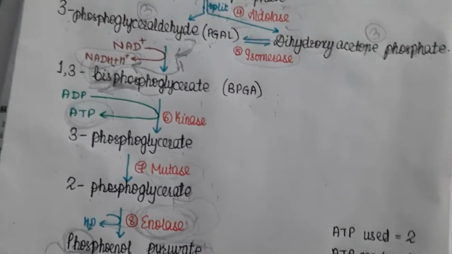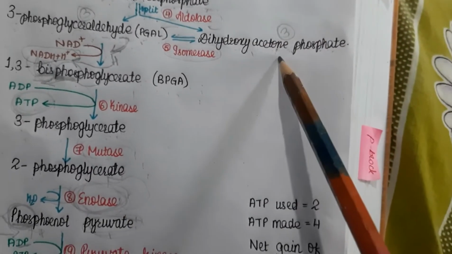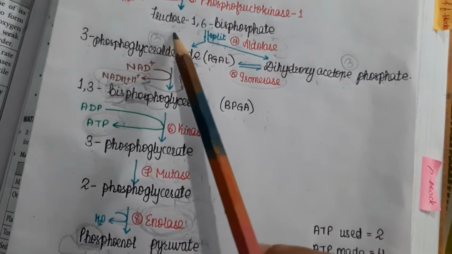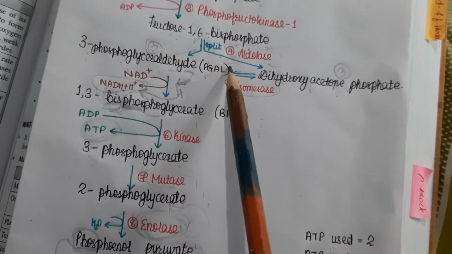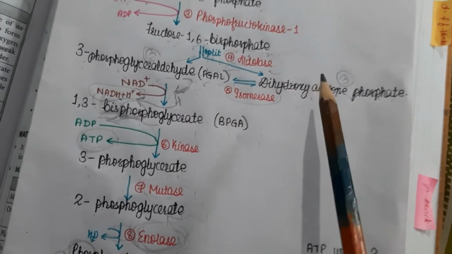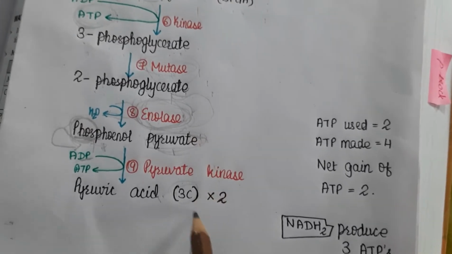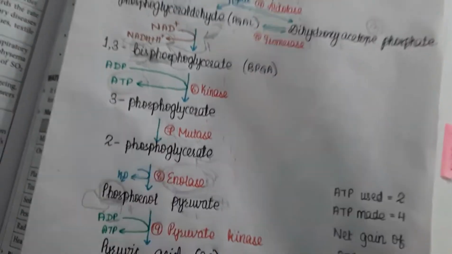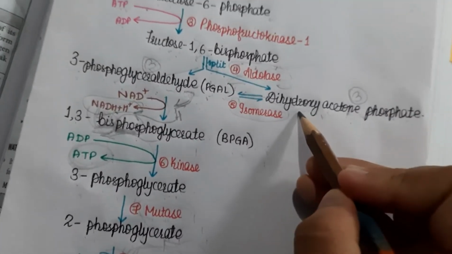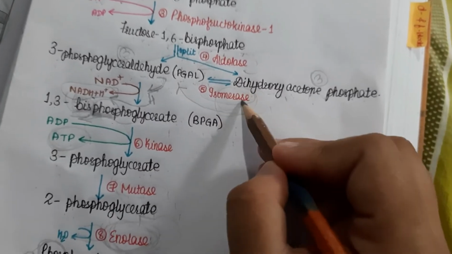From here till here this is the 3-carbon compound. Now as we talked about earlier, dihydroxyacetone phosphate also gets converted into 3-PGAL, that is phosphoglyceraldehyde. Therefore this also makes the 3-carbon pyruvic acid. So this same process, if it gets converted into this one, isomerase is used.